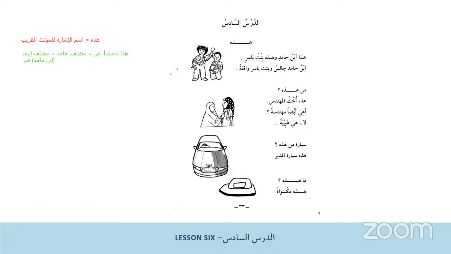Now, in terms of tarkib, any questions in relation to the tarkib? I'll just go over it, inshallah. There's no need. Slowly, we'll move away from the annotation of the tarkib where it's quite easy. So, Ibn Hamid, mudaf ilayh becomes mubtada'un, and Jalisun will become the khabar.